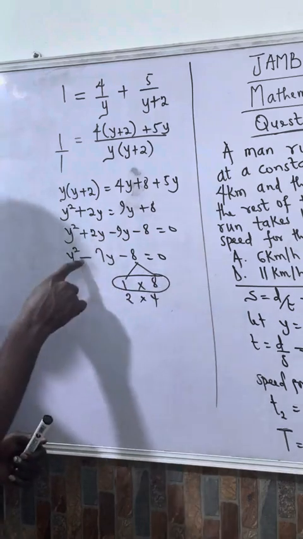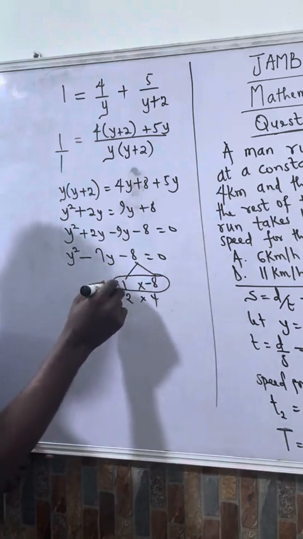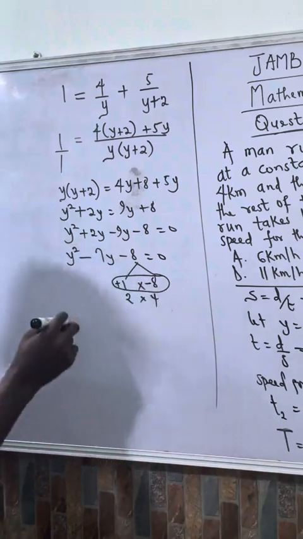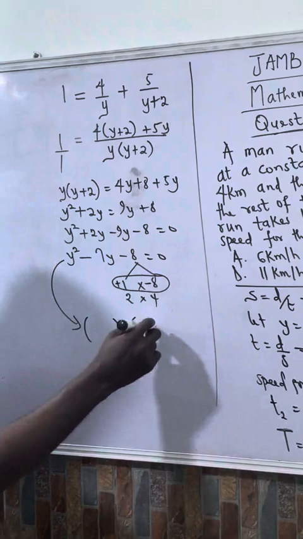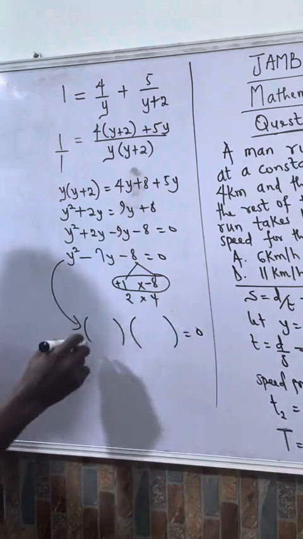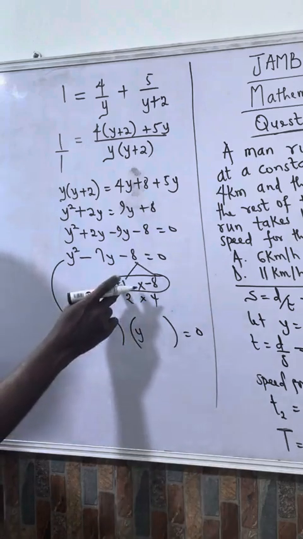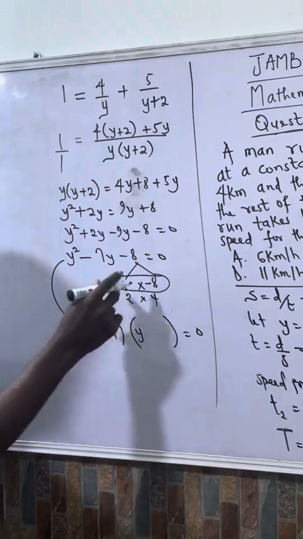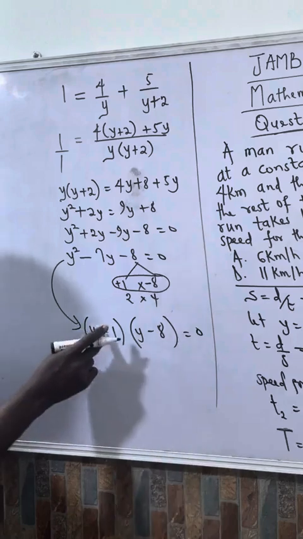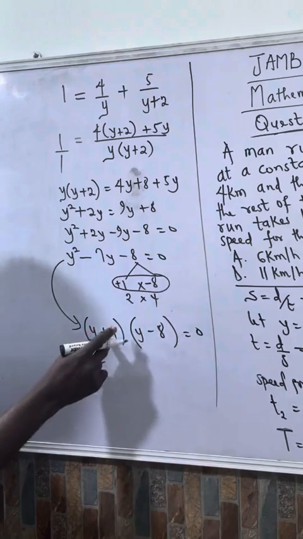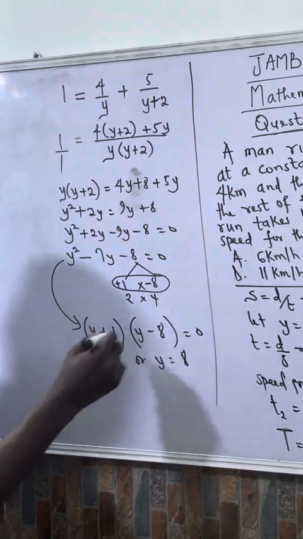So, how do we now achieve negative 7? That's if the 8 is negative and 1 is positive. So, from there, I can now open 2 brackets. Put y at the beginning, then y plus the first one and y minus the second one. From there, just change their sign. That means y will be equal to negative 1 or y equal to positive 8.